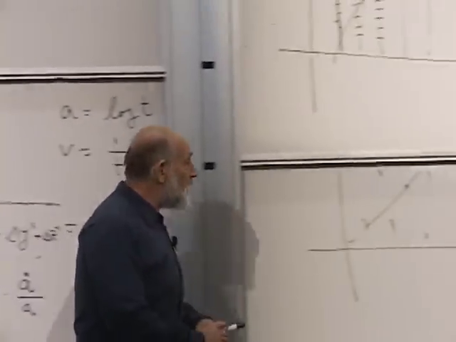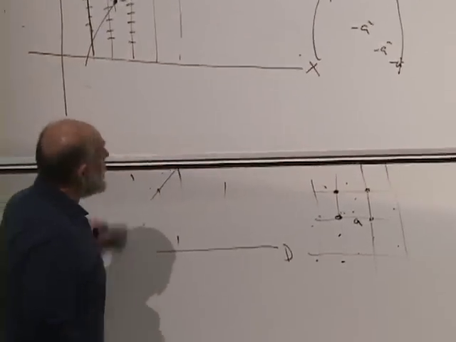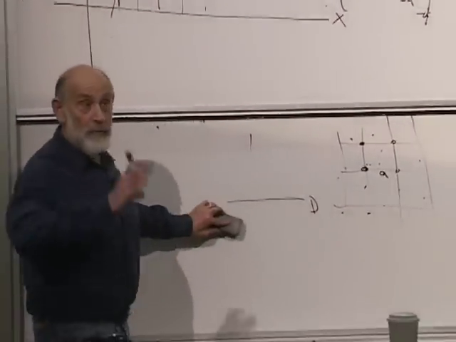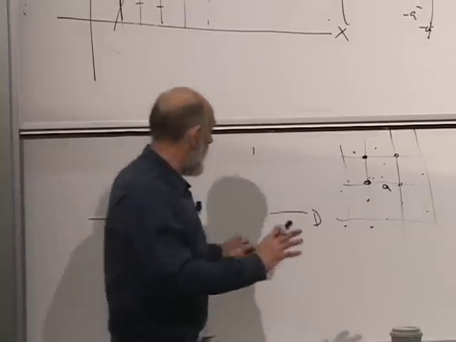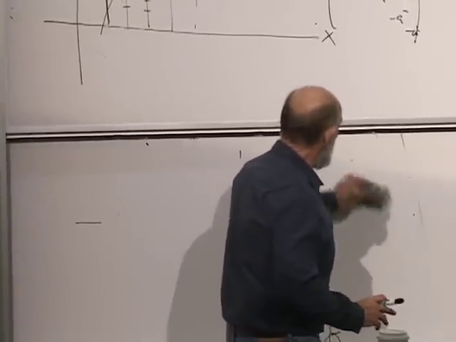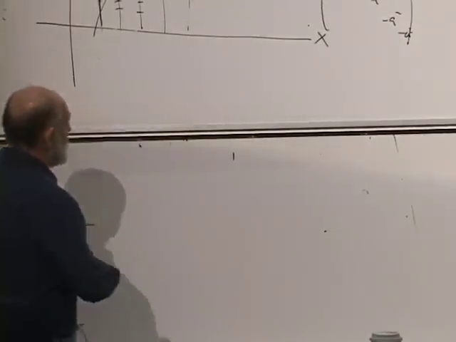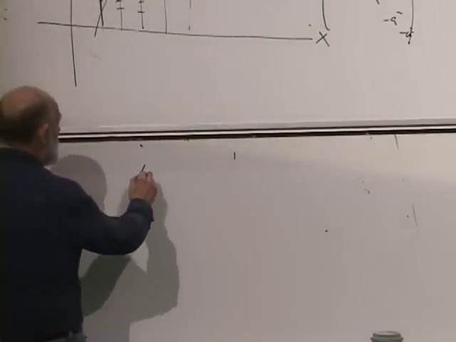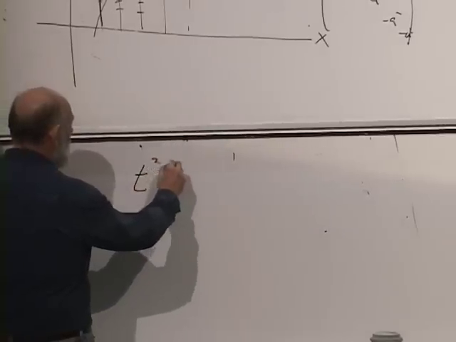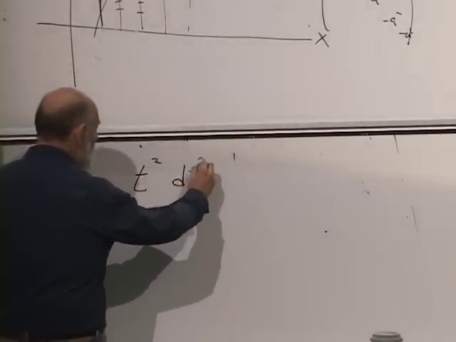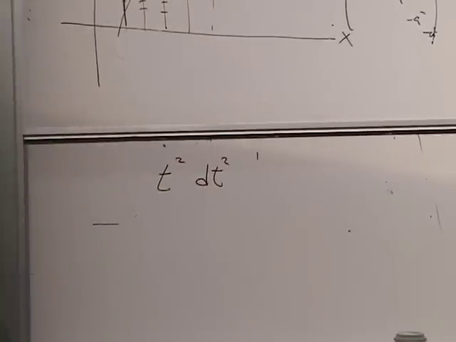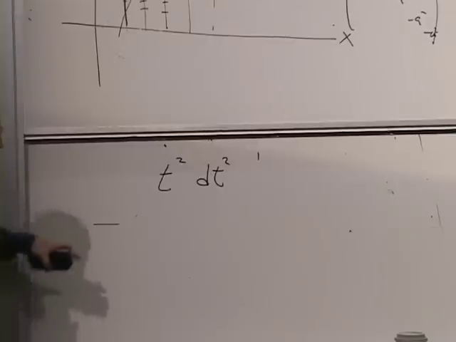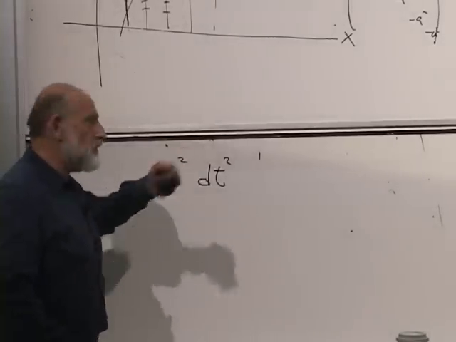Now, what is not a convention is that the coefficient doesn't depend on position, but it could depend on time. So let's suppose that it was t squared dt squared, just for fun, okay? Just for fun, let's suppose that we had t squared dt squared.